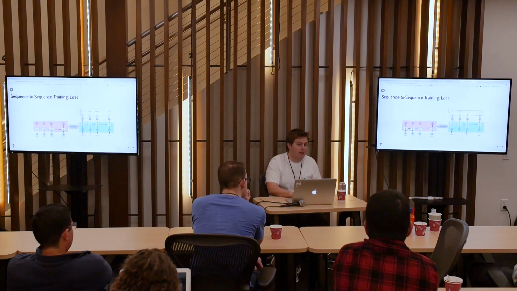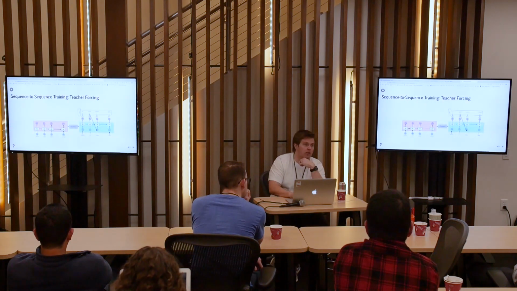So some of the time you're going to do this teacher forcing, you're going to feed in the known label. But other times you're actually going to just take the predicted value for the next thing and feed that in as your next input.